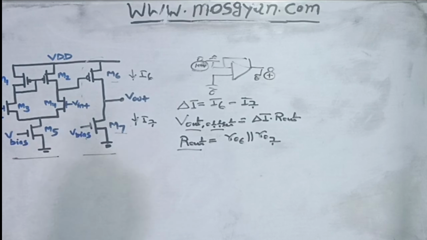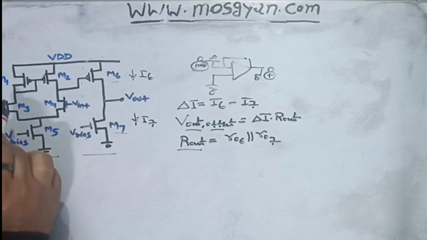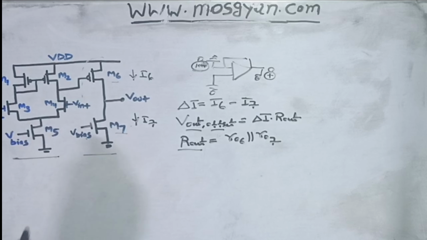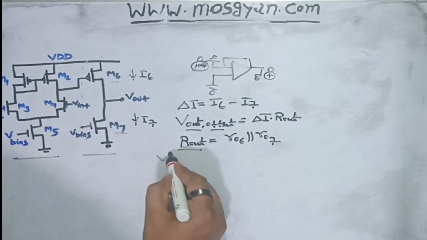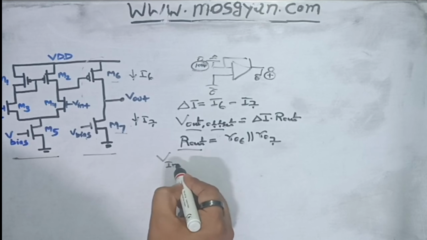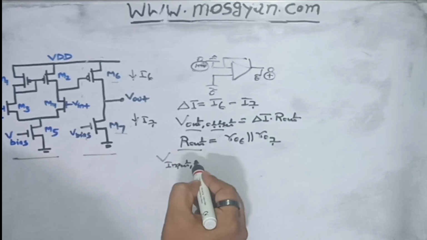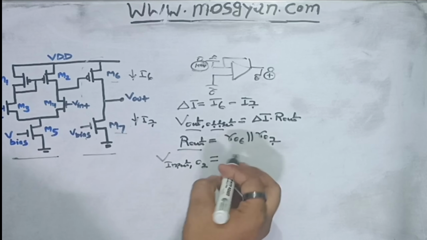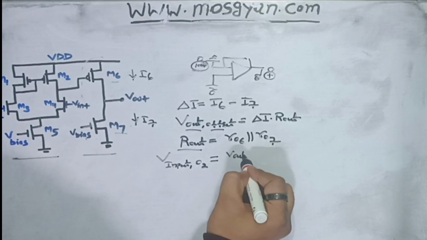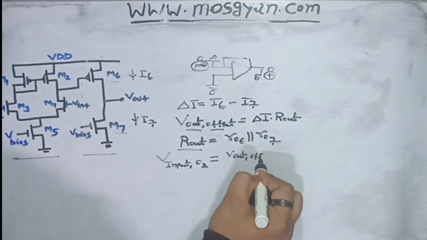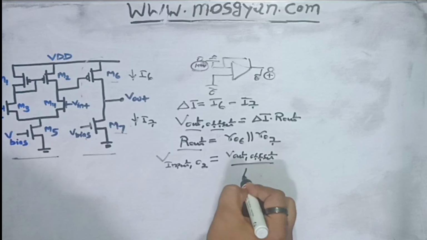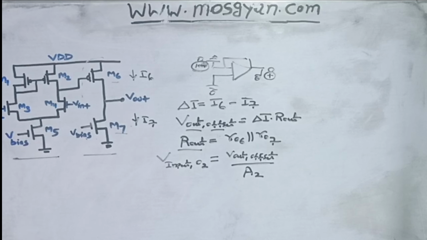But we need to find the input referred offset voltage for the second stage amplifier, as well as for this whole circuit, which is a combination of this differential amplifier and this single stage amplifier. First, let's talk about the input referred offset voltage for this stage 2, which I am denoting as V os2. Its value would be equal to V out offset, which we have calculated, divided by the gain of this stage, which we call A2.